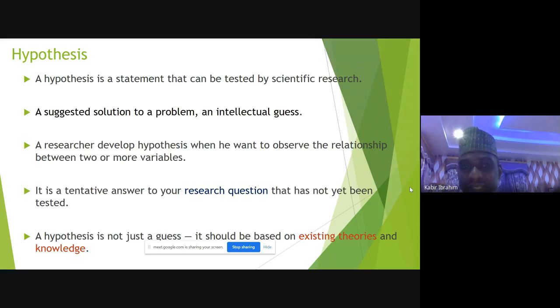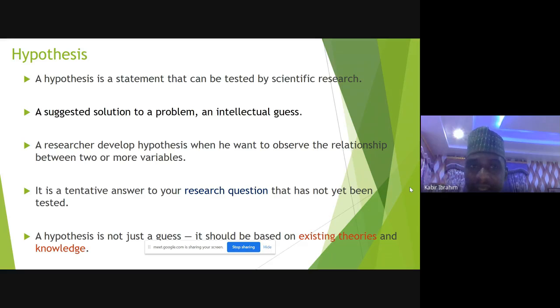For example, you ask yourself a question, then you just give yourself an answer critically. So that is hypothesis. But that answer you gave yourself has not been tested. You are going to test it.